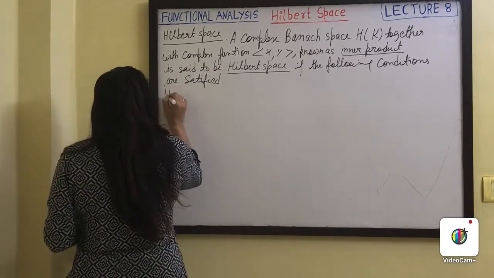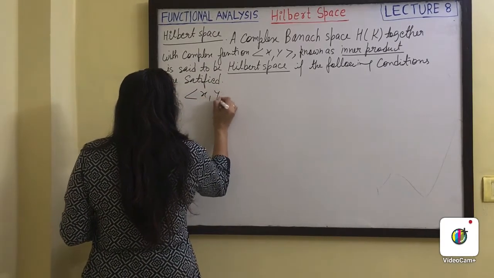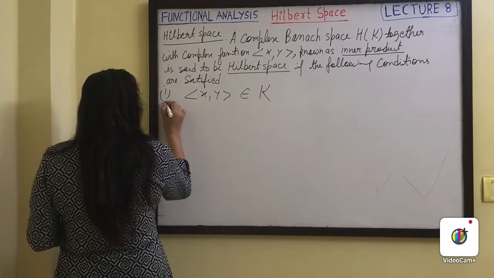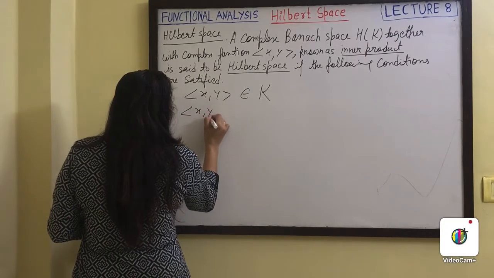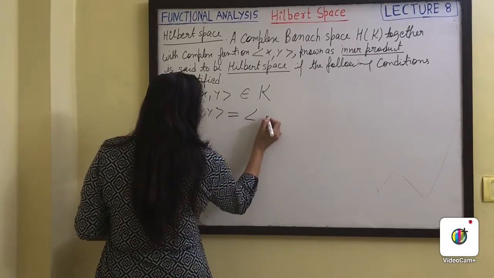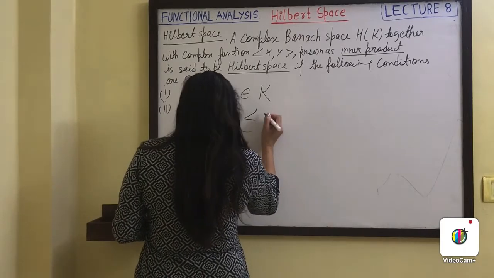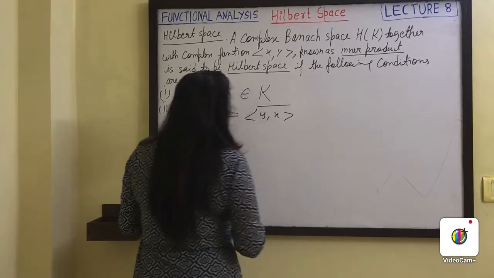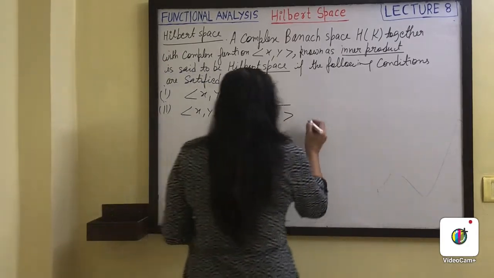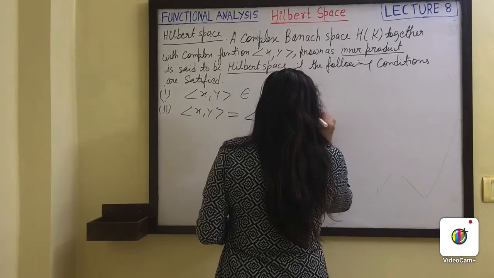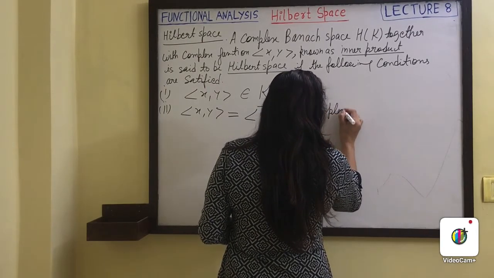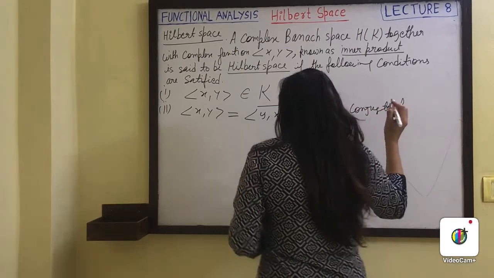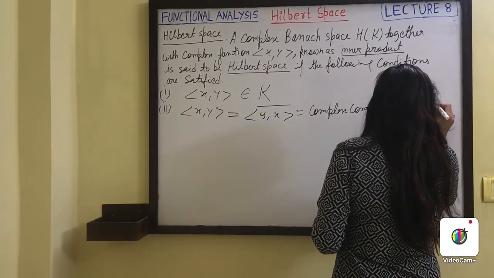The first condition is inner product of x comma y belongs to K. The second condition is inner product of x comma y is equal to the complex conjugate of inner product of y comma x. Okay.